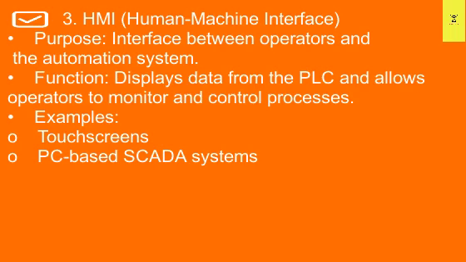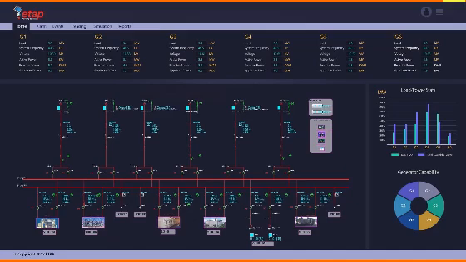It displays data from the PLC and allows operators to monitor and control processes. Examples of HMI are the touch screen and the graphical user interface, GUI.